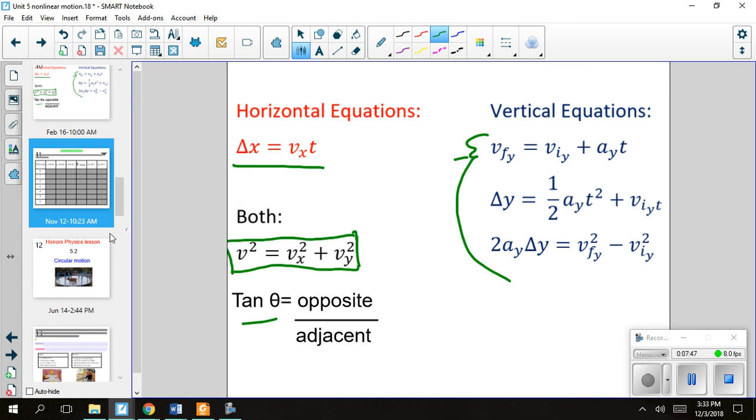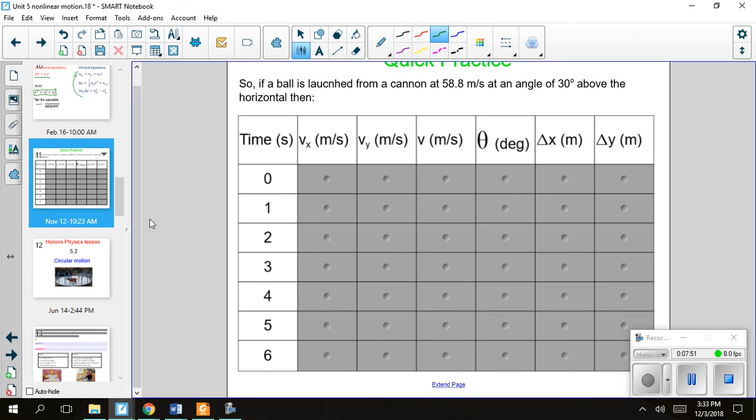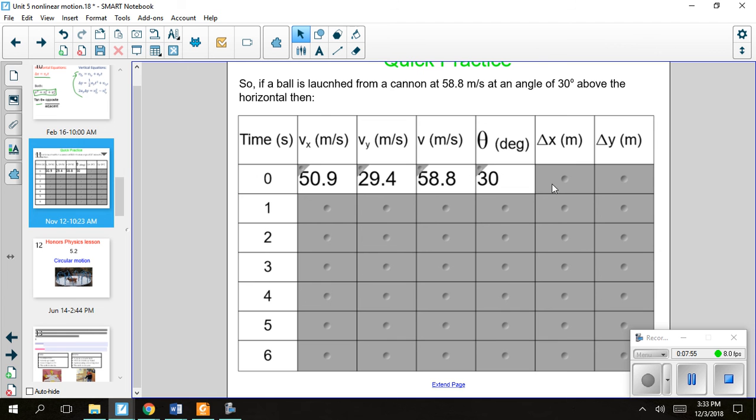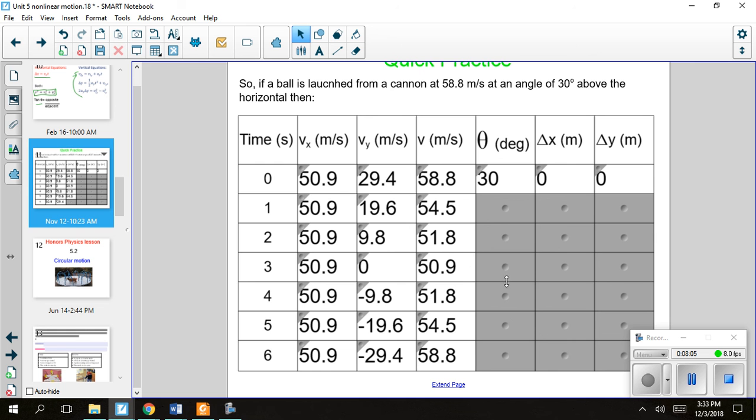All right, so let's take a look here. I'm already running low on time, so I'll just give you a quick tutorial here. So here's our initials. And here are our answers. Notice that the x value doesn't change, the y value does. Angle. This is at the top, so where y velocity is now 0.